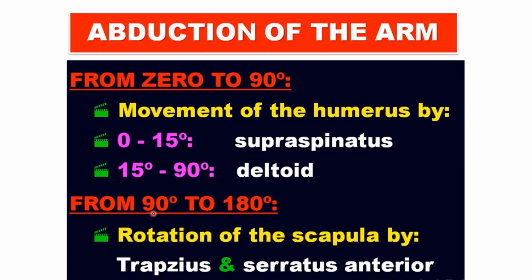Then from 90 degrees to 180, it is done by the trapezius and then the serratus anterior. Trapezius moves the scapula upwards, serratus anterior moves the scapula outwards.